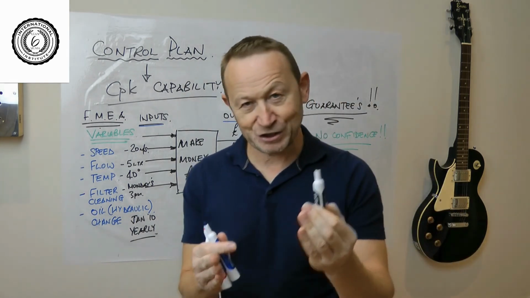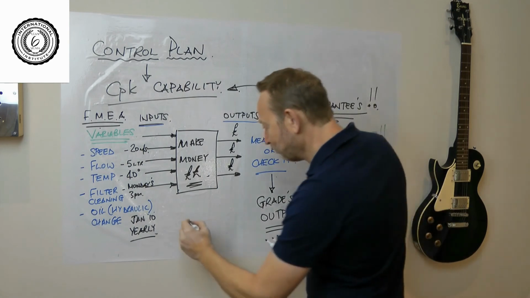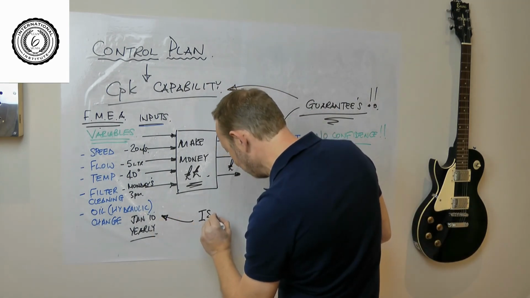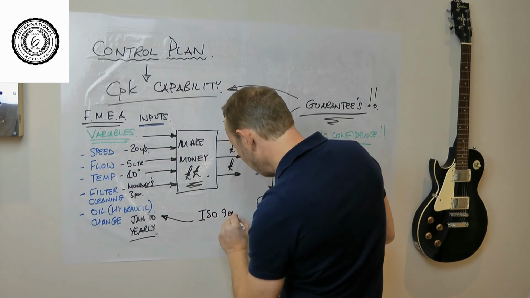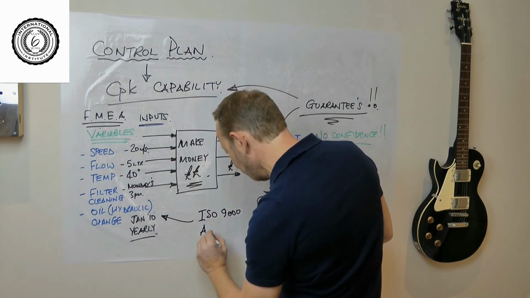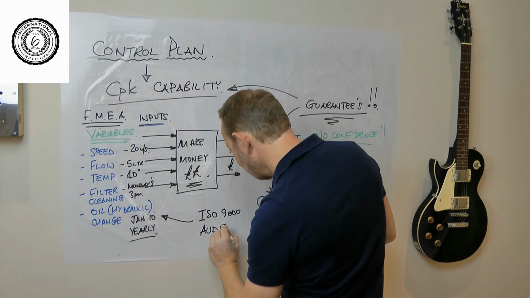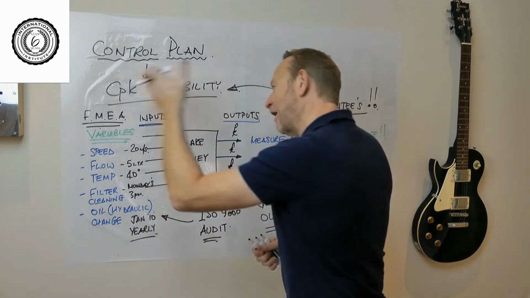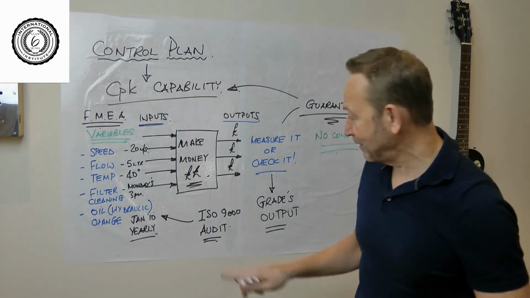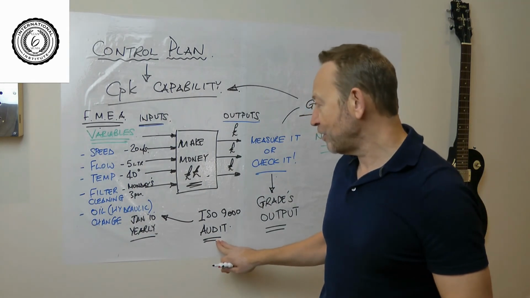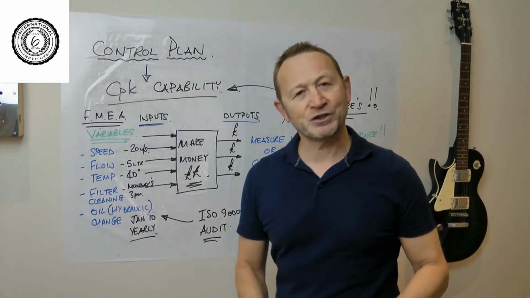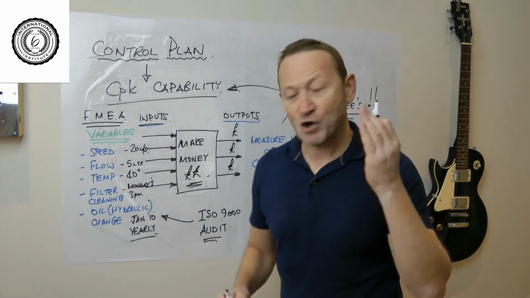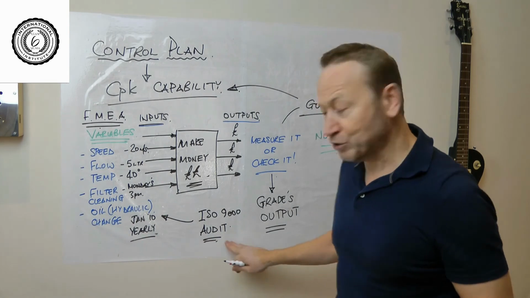What's the next thing you should do? Well, you should plug in ISO 9000 into this thing. So your ISO 9000 audit, what should it check? It should check the control plan that's come out of your FMEA. If your ISO 9000 audit makes sure that you adhere to those rules in all of your processes, what's your ISO 9000 audit doing?